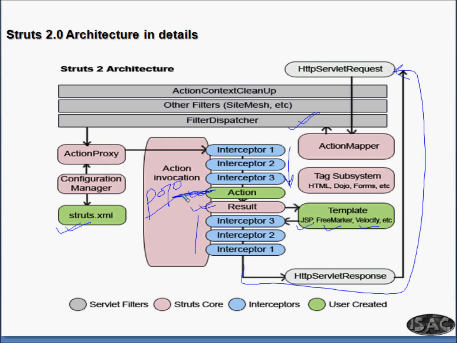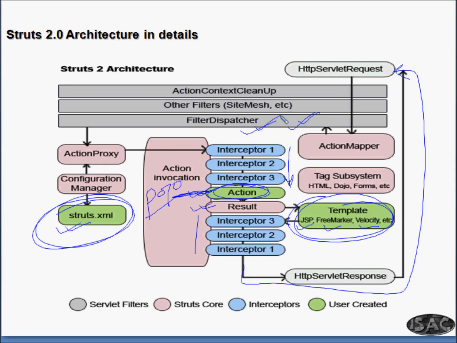But you need not worry about the whole thing. You have to just take care of this. You have to keep doing mapping in the struts.xml, keep developing some POJO classes, some action classes, and keep developing some JSP pages. So these are the only three jobs you have to do in Struts: mapping, JSP page, and POJO class. The filter dispatcher is already there in the org.apache package, so you need not worry.